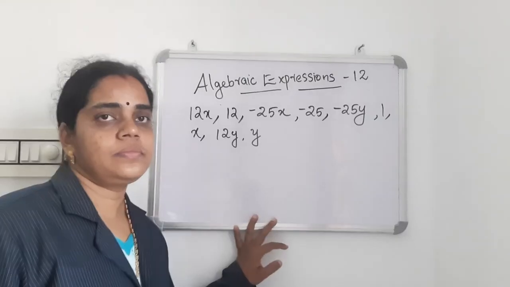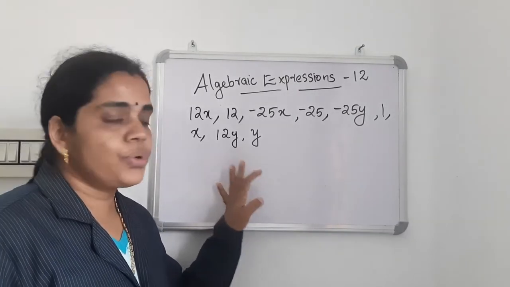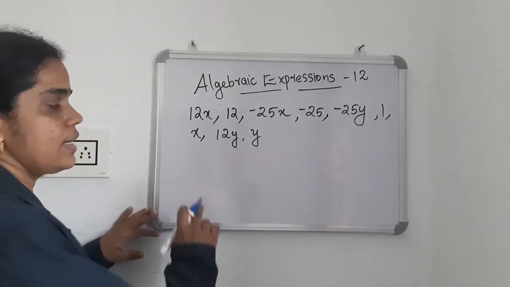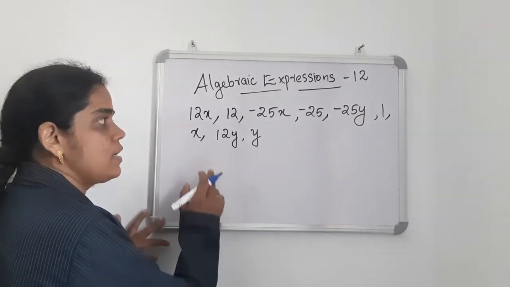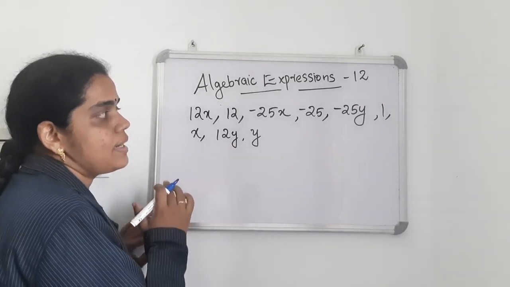Here many terms are given. We need to group the like terms together. So among these, what are the like terms? We already discussed what a like term is. We need the same algebraic factors.